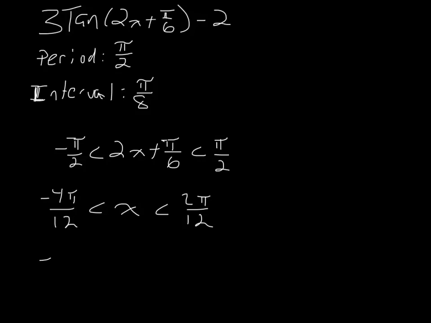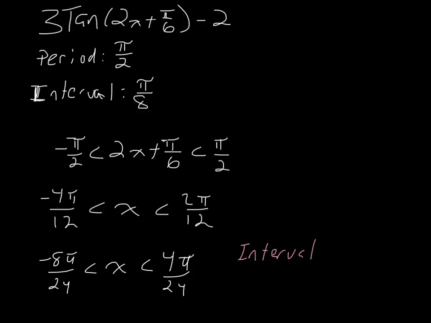So this is going to be negative 8 pi over 24 and 4 pi over 24. And our interval will be 3 pi over 24.